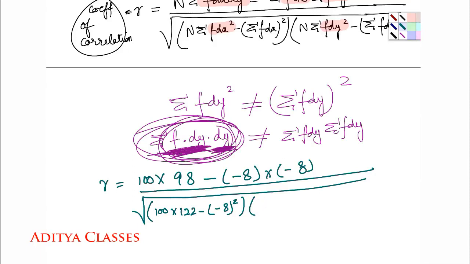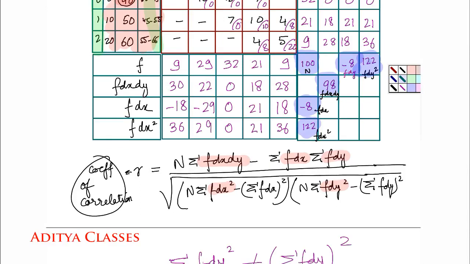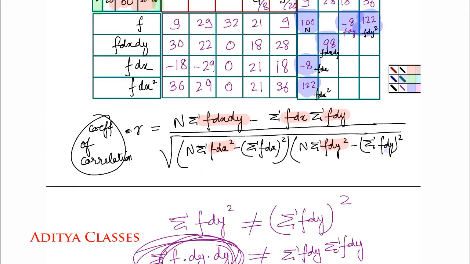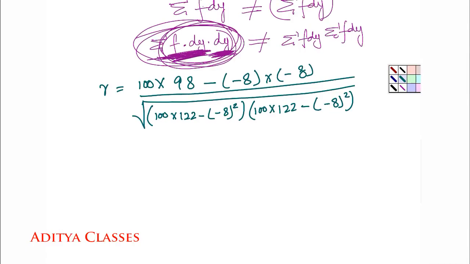And then the same thing happens with f dy also. We have 100 multiplied by f dy square, which is 122, minus f dy whole square, minus 8 whole square. This is the formula that we need to solve.